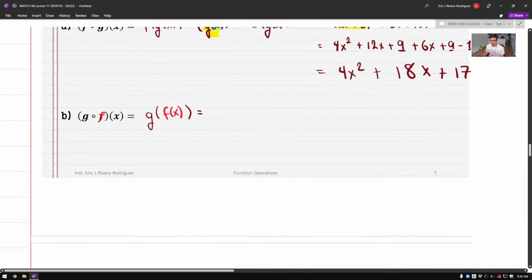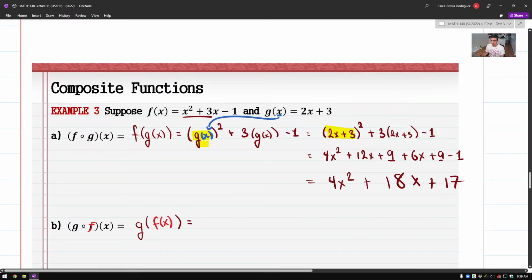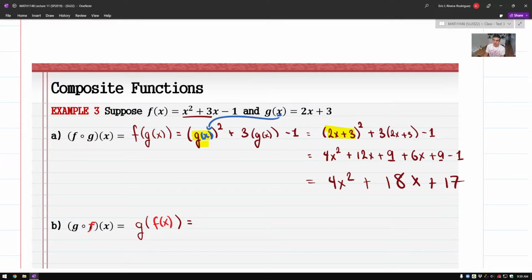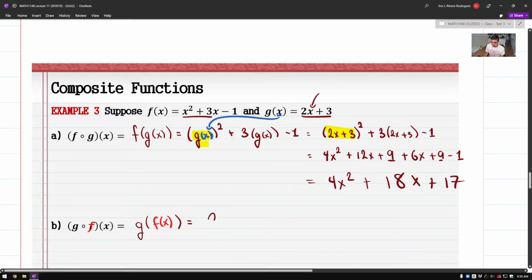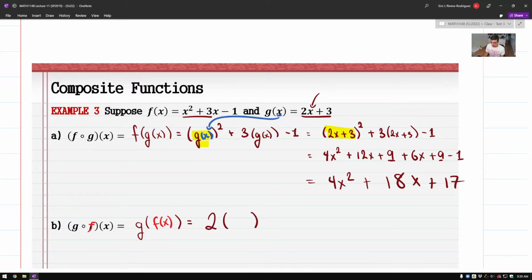Let me zoom out a little bit just to see the definition of g. The definition of g is 2x plus 3. Okay, so because f of x now is the argument of g, I'm going to replace x with f of x. So I'm going to start writing 2. This is the place for x in g, but I'm not going to write just x.